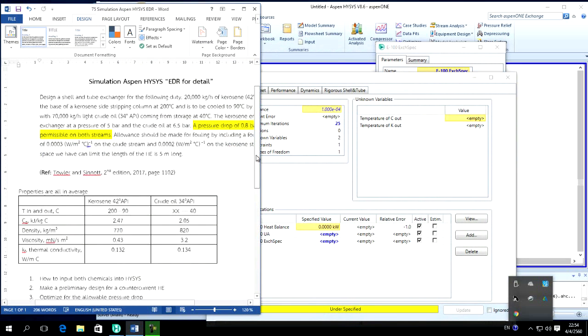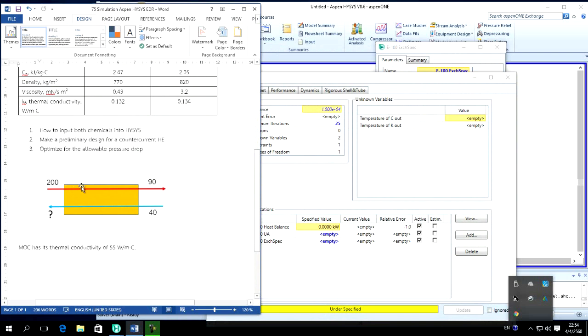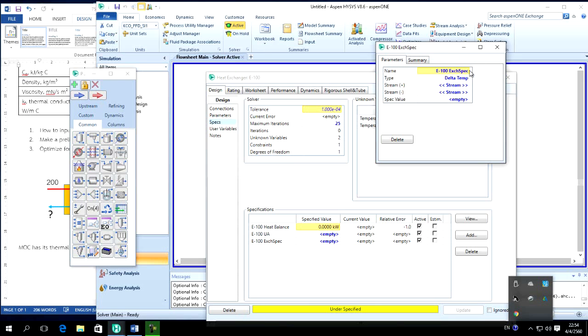After a simple drawing of the counter current, with kerosene on the top and crude on the bottom, we found that the outlet of the kerosene has a temperature higher than the inlet of the crude oil by 50. So I use the temperature difference and put that for the kerosene outlet and the crude in as 50 degrees Celsius.